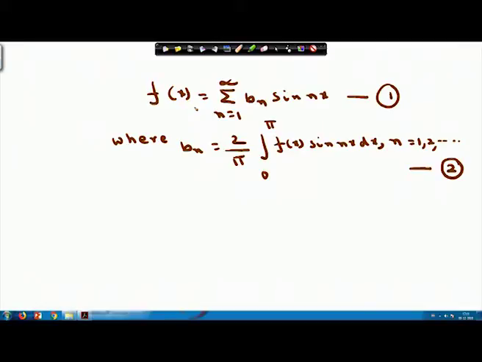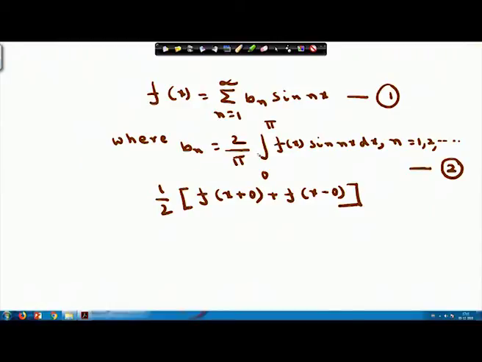Fourier series 1 converges to f(x) at all points where f(x) is continuous, and if you recall, it converges to half into f(x+0) plus f(x-0) at a point of discontinuity.